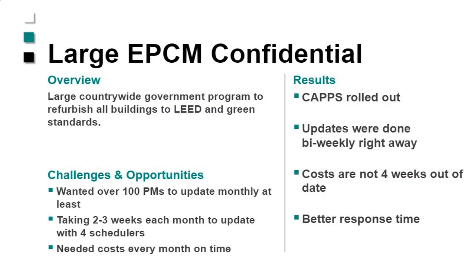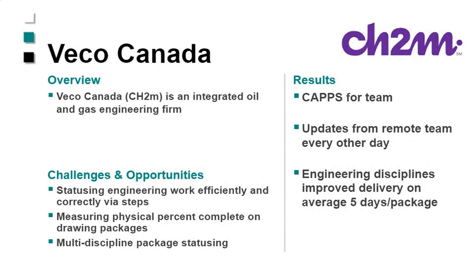The last one I wanted to share with you is an older one that, as I mentioned already, uses the steps to do the physical percent complete updating on their engineering team. This was very important for them because they were really finding it hard to get a real idea of how many weeks were really left on some of the engineering packages.